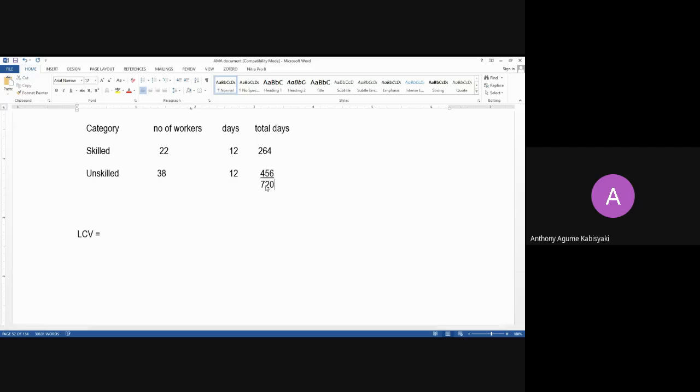So if I'm computing my labor cost, I will have skilled and also unskilled. Remember the formula is standard labor cost minus actual labor cost.